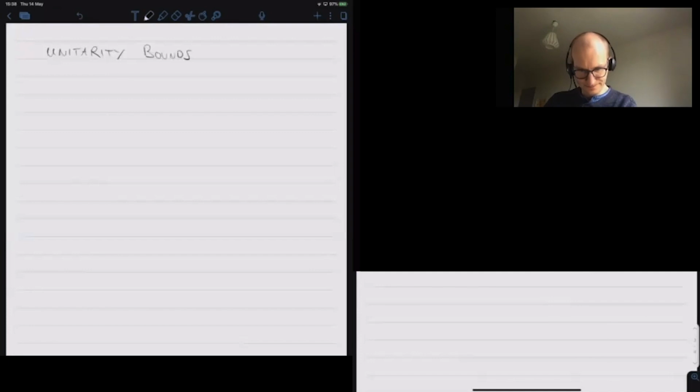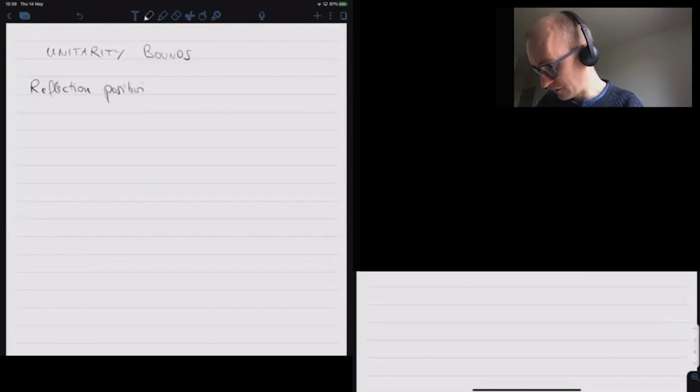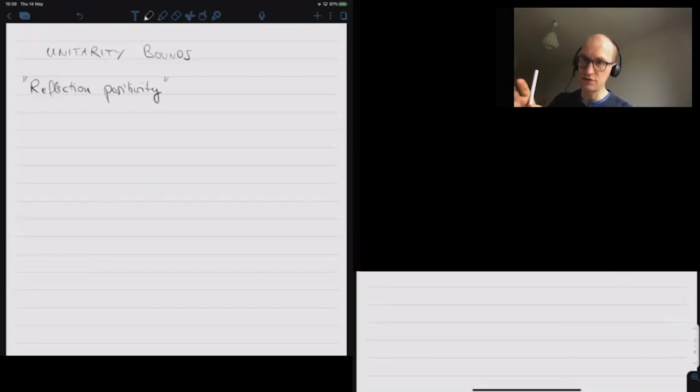So let's talk about something very basic, namely reflection positivity. This is just a comment on how we should think of unitarity in Euclidean signature. This is not something at this point tied to the CFT or radial quantization or cylinder quantization, but we will apply this notion to that series of ideas.